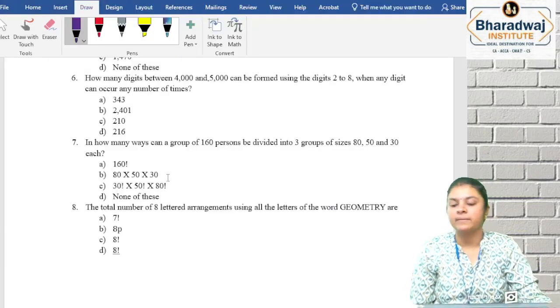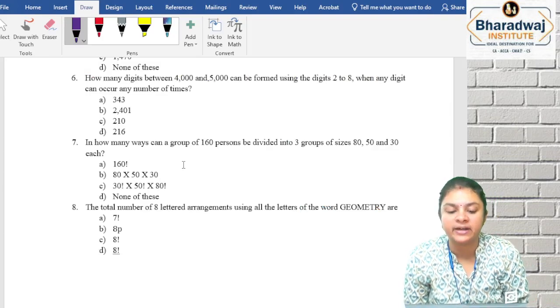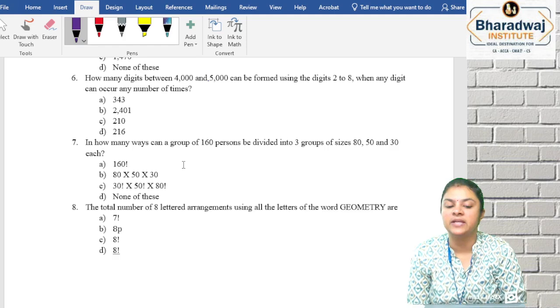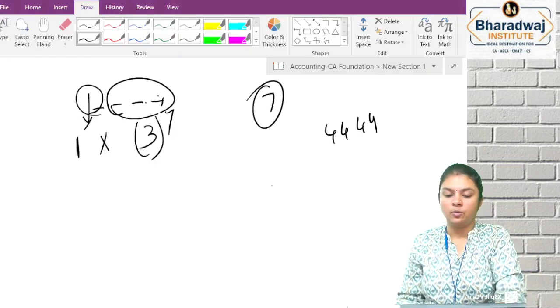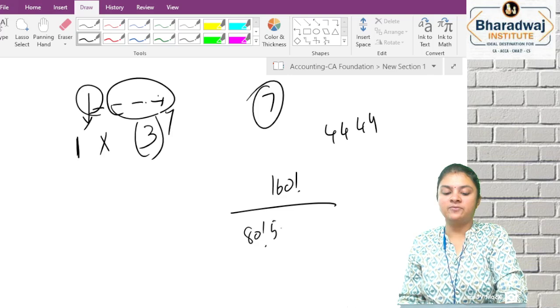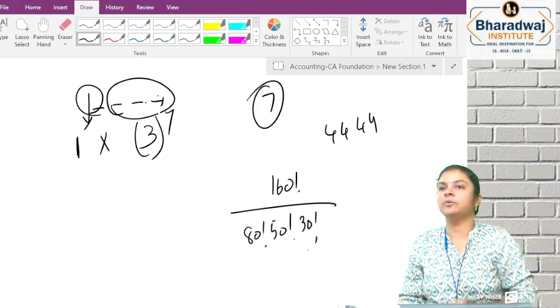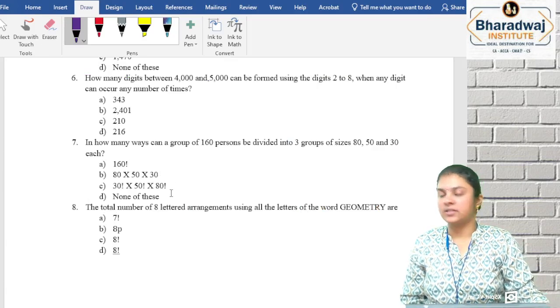Okay. Next. In how many ways a group of 160 people can be divided into 3 groups of sizes 50, 30 and 80? Grouping rule. Totally 160 factorial by 80 factorial, 50 factorial, 30 factorial. Okay, none of these.